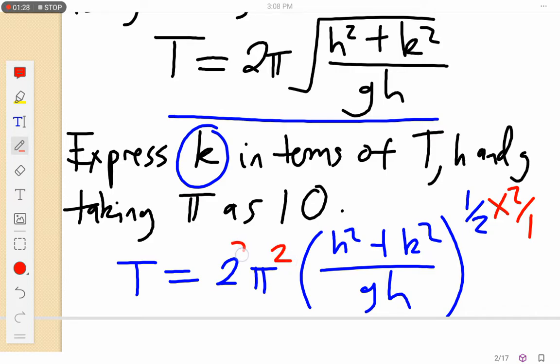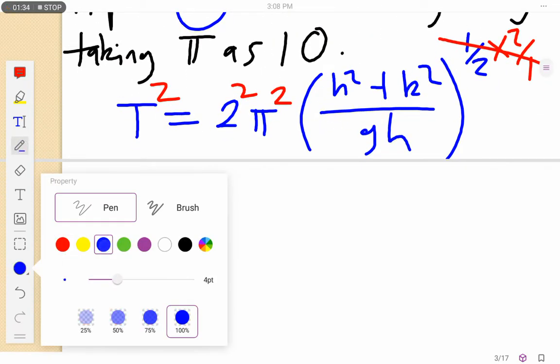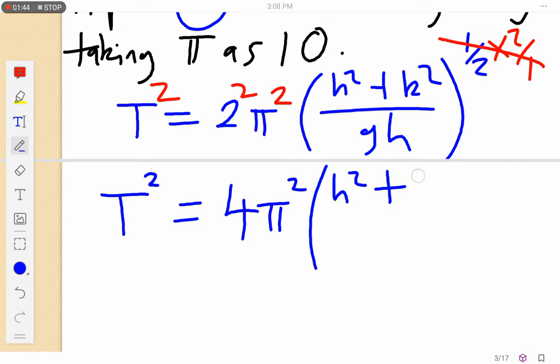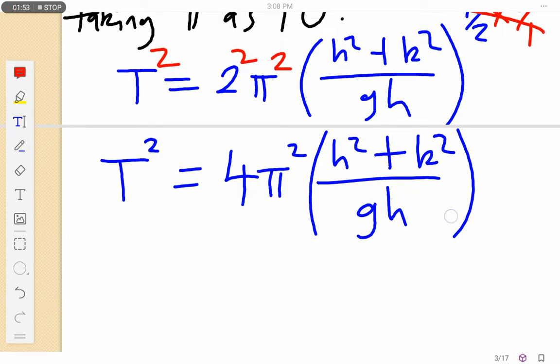So this one by 2, by 2, by 2. So these will cancel off each other. So we'll get T squared is equal to 2 squared, we get 4, then we have pi squared here, then multiplying by h squared plus k squared over gh. Now I'm going to remove the 4 pi squared there.